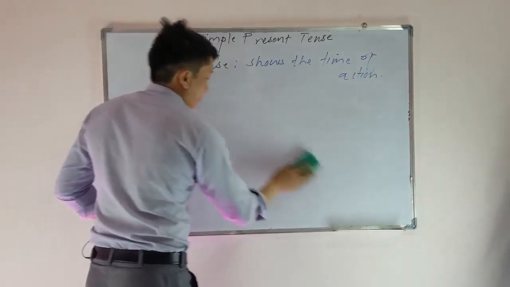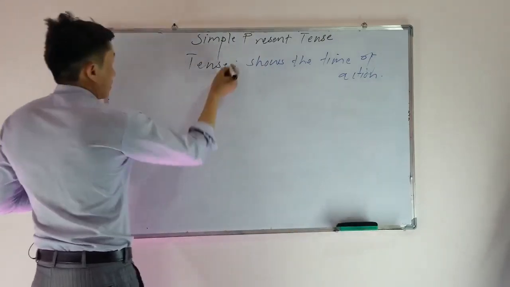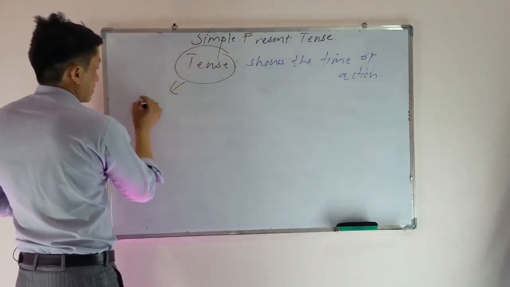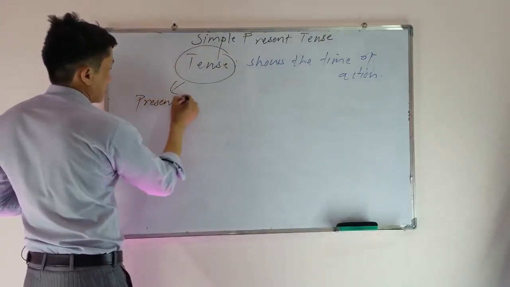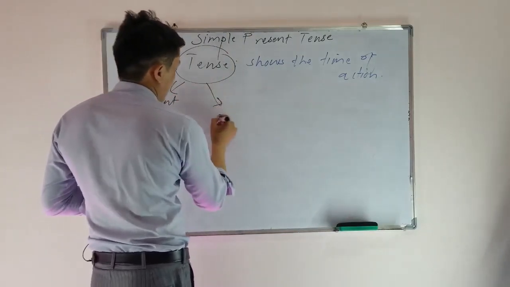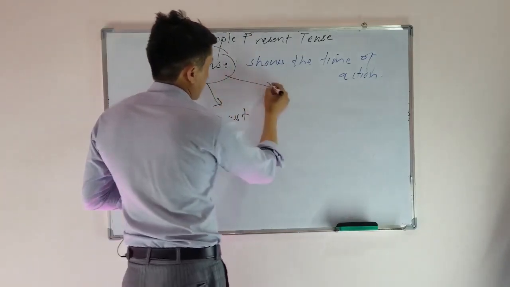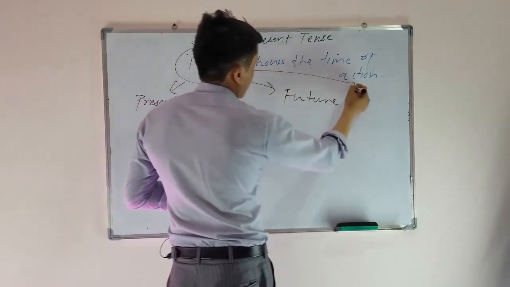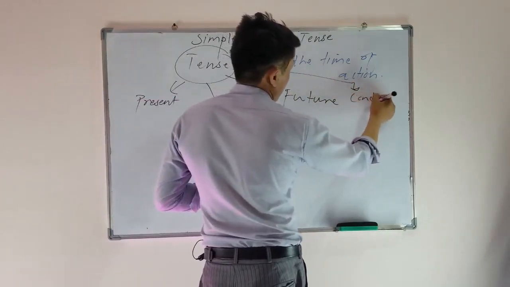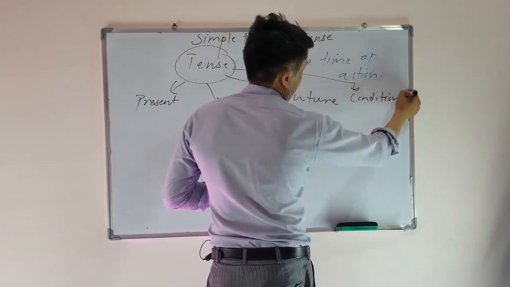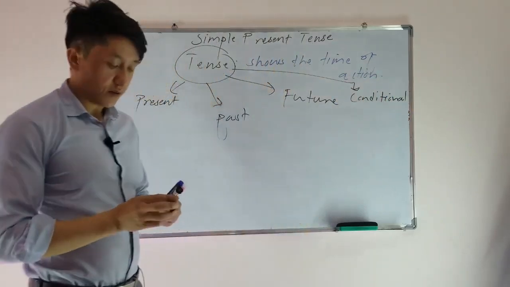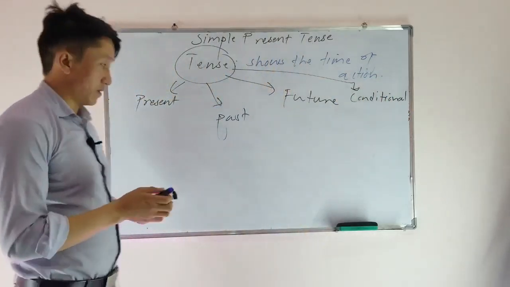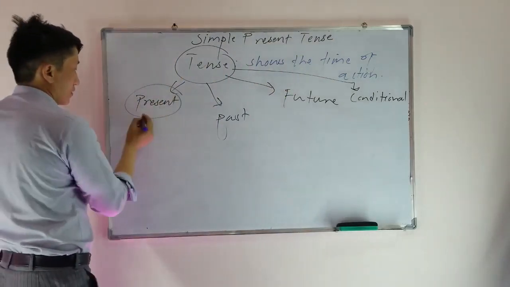There are mainly present tense, past tense, future tense, and also conditional tense, or we can also say future tense in the past. So what are the present tenses?